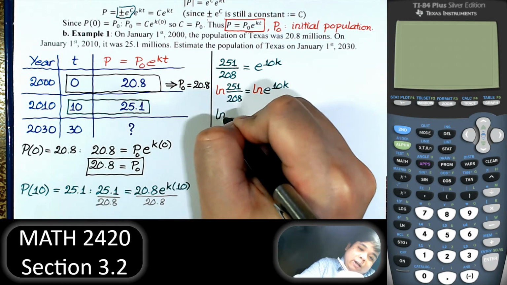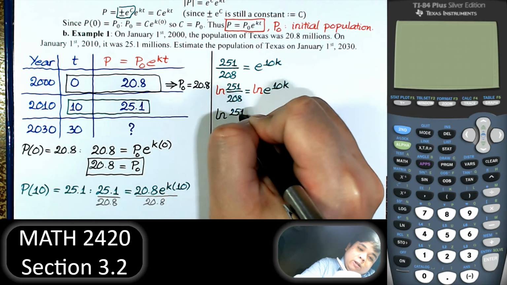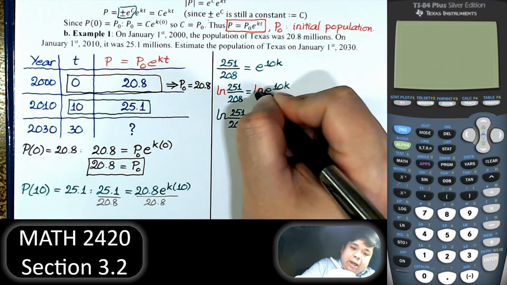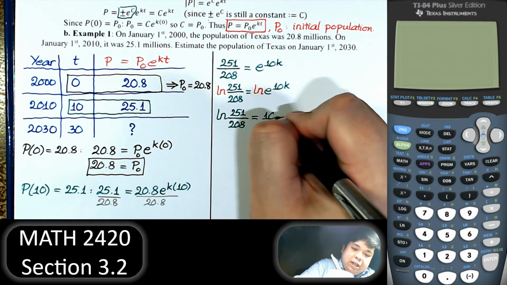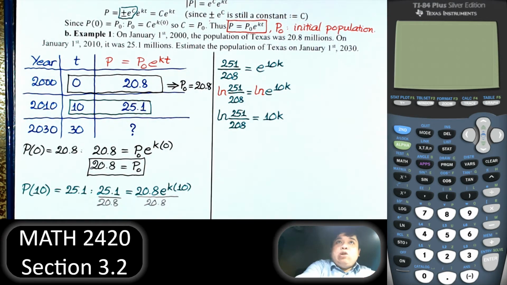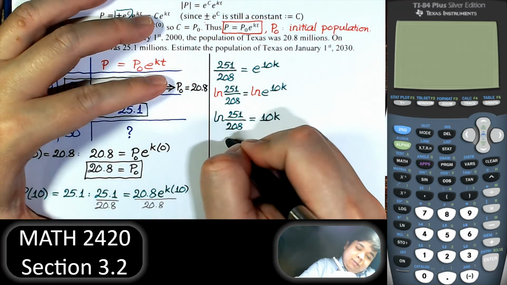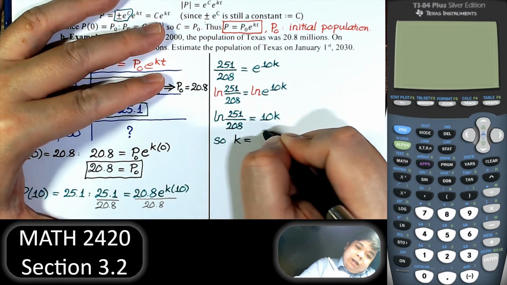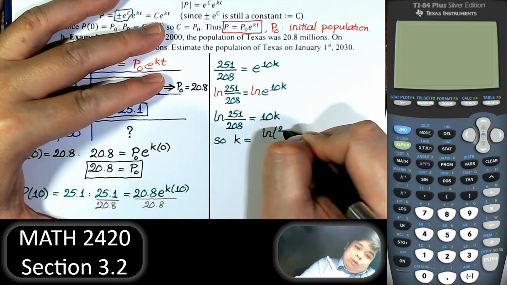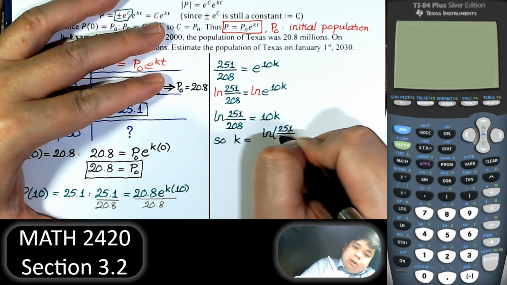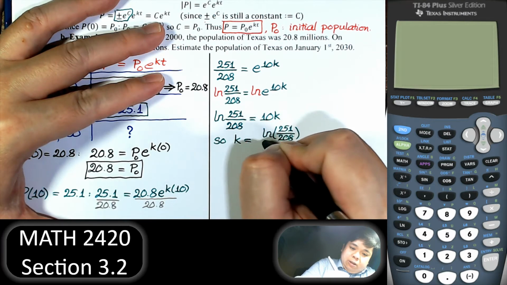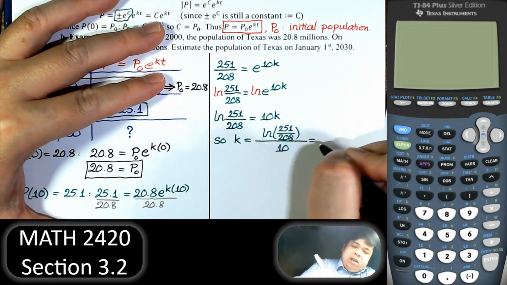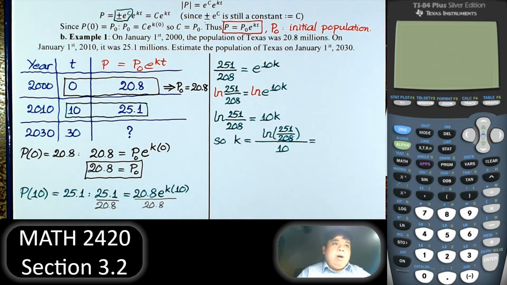We have ln of 251 over 208. And ln and e cancel out. That gives us 10k. Then certainly we can solve for k, right? So k equal to ln of 251 over 208 divided by 10.